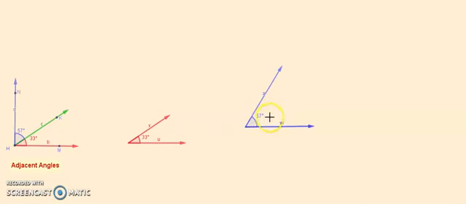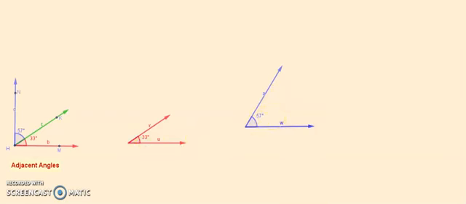Now observe, children, this also forms a pair. You have two angles here, but do you see anything common? Do they have a common vertex? No. Do they have a common ray? No. These two angles do not have anything in common.